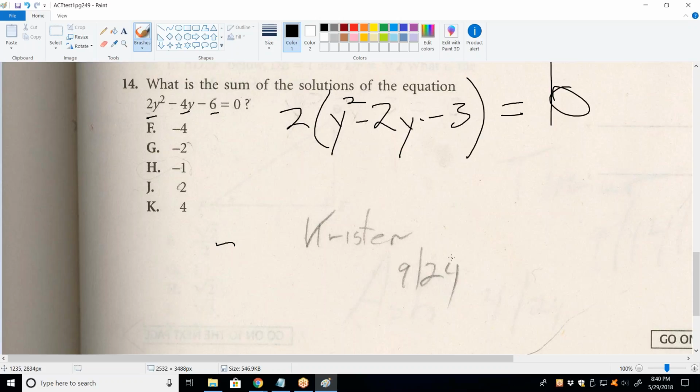Now I can divide everything by 2, and that goes away. I divide left and right side by 2. And the reason that's useful is because now I have a very simple quadratic to factor.